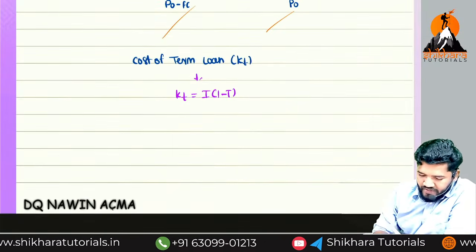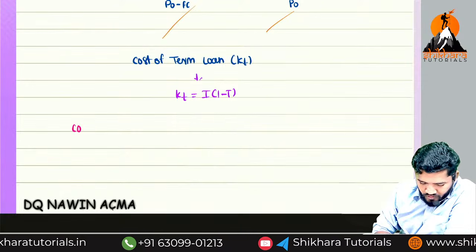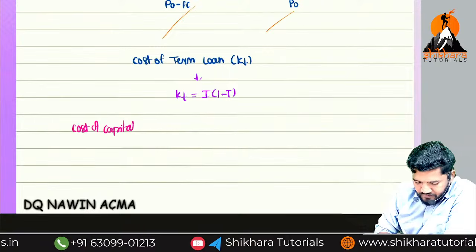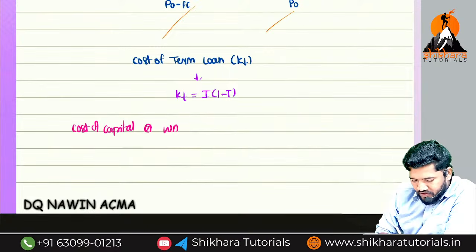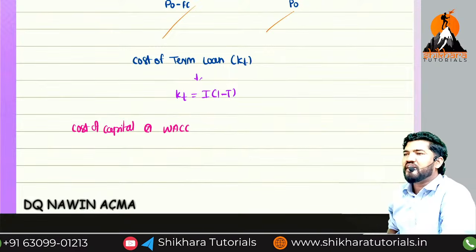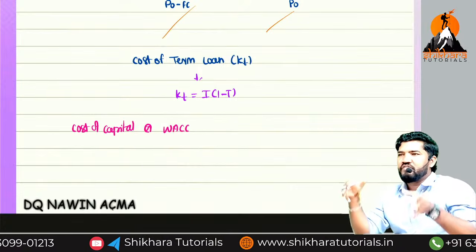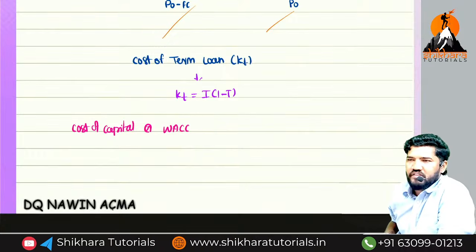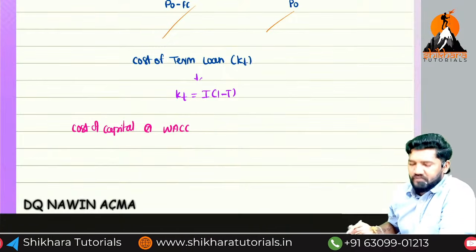So the next important point, cost of capital is also known as weighted average cost of capital. In Inter, you learned with the help of a tabular format. The tabular format is not for final level. Here we are using a direct shortcut.